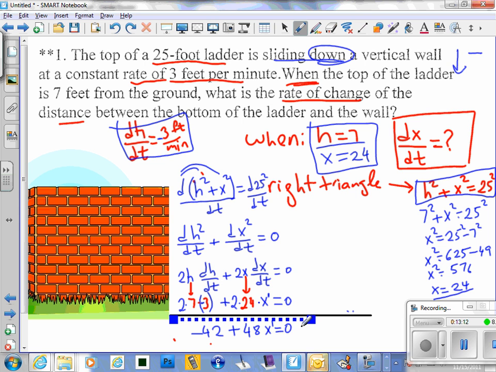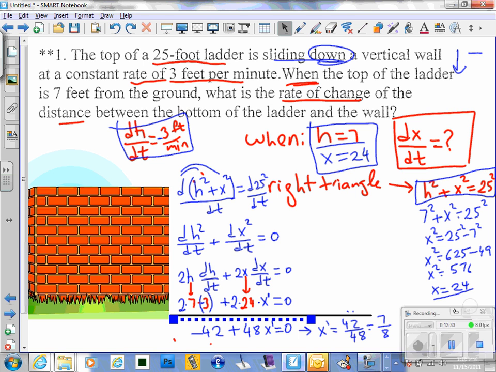One reminder, but that's alright. We can solve this here. x prime is going to be, moving this to the other side and dividing by 48, 42 over 48. Simplify by 6, and you'll have 7 over 8. With respect to what?